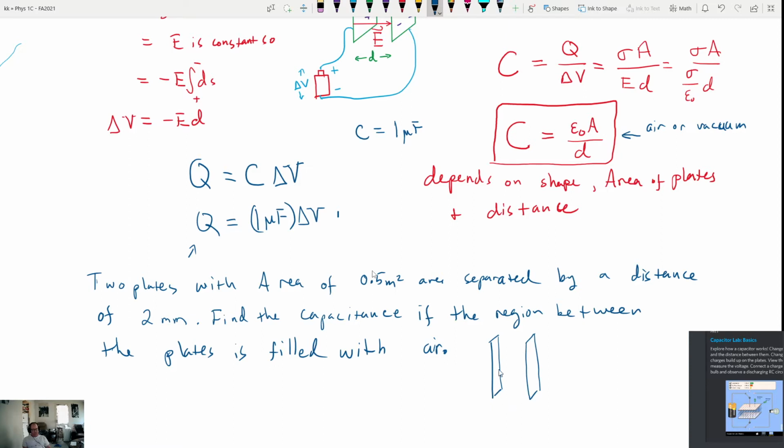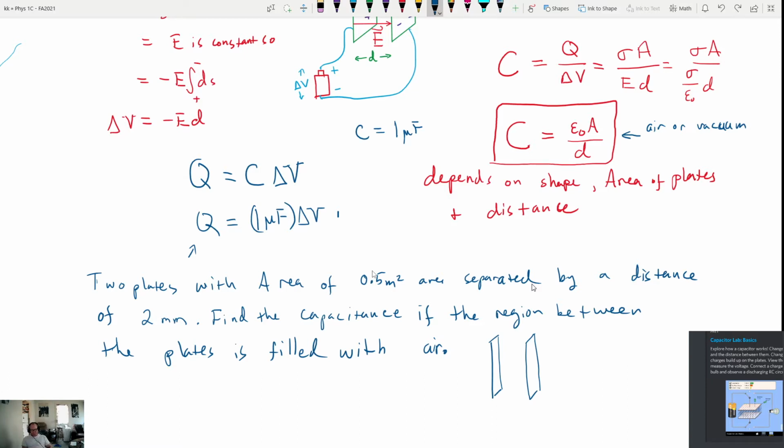There's all kinds of different things that you can put in between the plates, and it will actually change the capacitance. All you have to do is look up the value of epsilon for that substance. So we're going to do one for air or vacuum just to work with stuff that we know about so far, and we'll put off dielectrics until a little bit later.